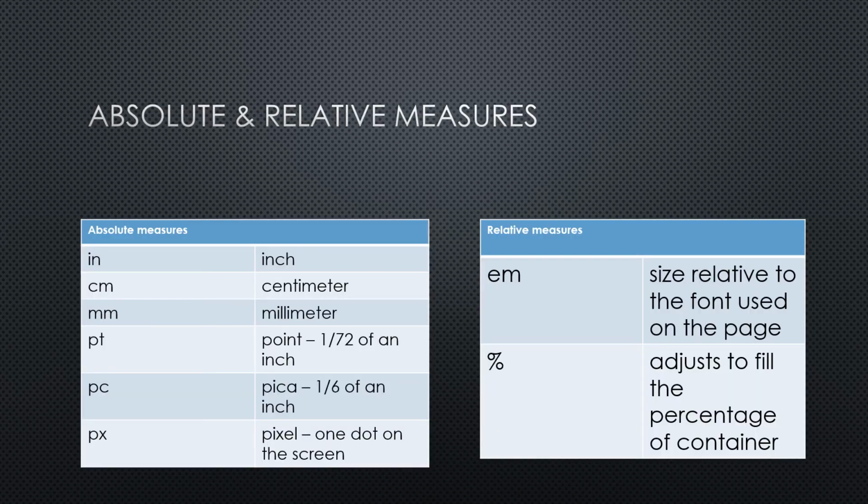With all the heights and widths, it is good to use units of measure. As we saw before, we used pixel. You can also use inches, centimeters, millimeters, points, picas, and so on. Absolute measures are the same size on every screen, and that's something to keep in mind when you're using fluid design.